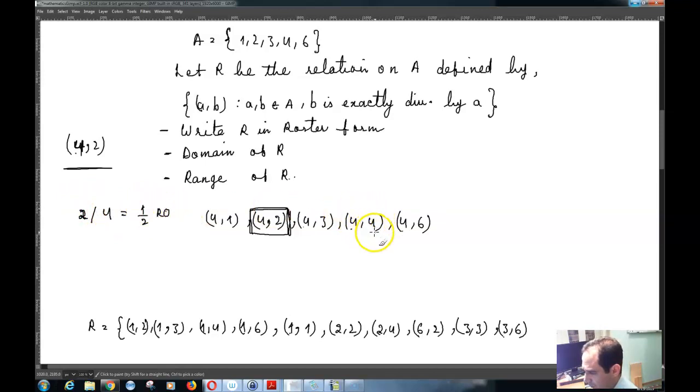But on the other hand, for example, (4, 4): 4 is divisible by 4. 4 divided by 4 is equal to 1. You will get a natural number here, and the remainder 0. Or over here, you would again get a fraction. For example, 6 divided by 4 is 3/2, remainder 0, for example. We will have to see about these.